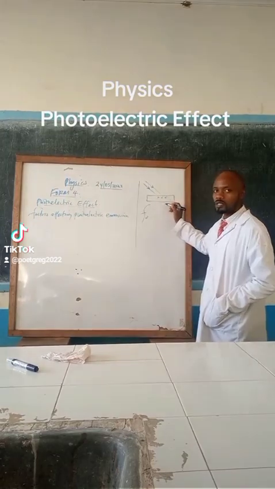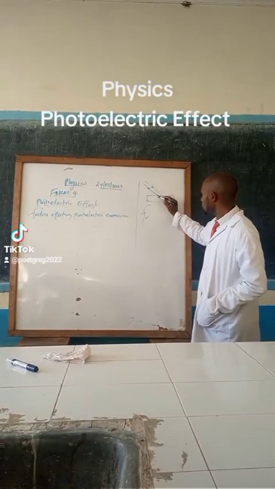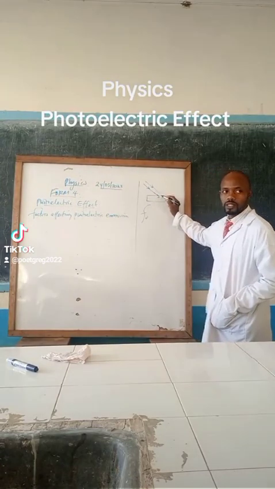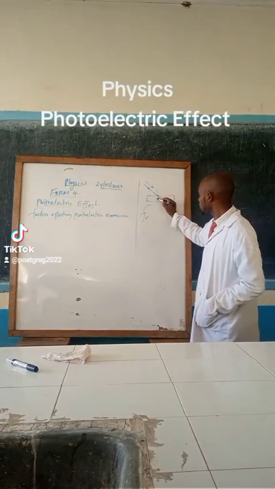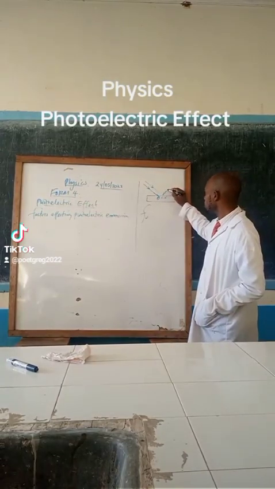So we have the electrons there. If this light is able to penetrate the metal surface by meeting all the necessary conditions, the electrons are excited, and eventually they are emitted from the metal surface.